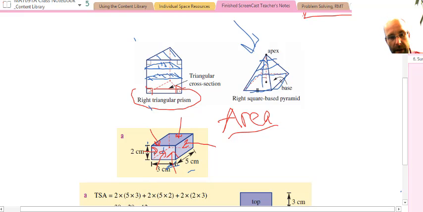Like in that rectangular prism I've just put arrows on. It would have 6 faces, and because it's a rectangular prism, each opposite face is the same. So we know that each face will be a rectangle, and all we do is add the areas of the rectangles together, and so we have what's called total surface area.